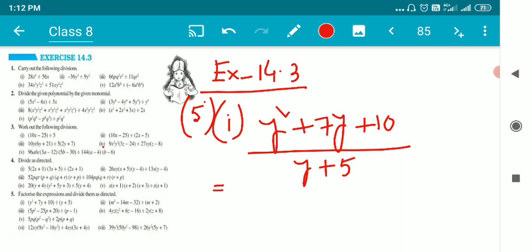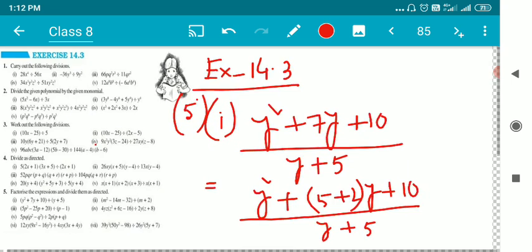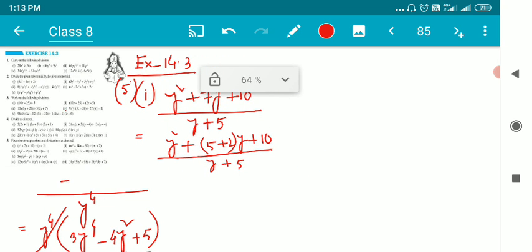No, the numerator will go through the middle term factorization process. Now, how middle term factorization, children? Very simple. Let's see. y square plus 7y plus 10 can be factorized as y square plus 5y plus 2y plus 10. In the previous classes, I have already explained how to find middle term factorization. So now, how can we solve it? We can solve in this way.